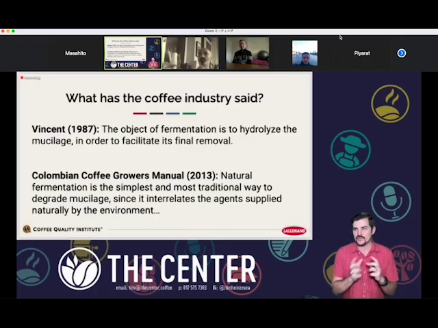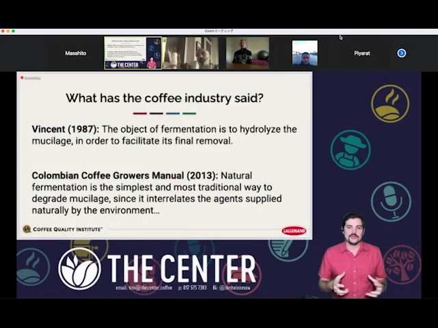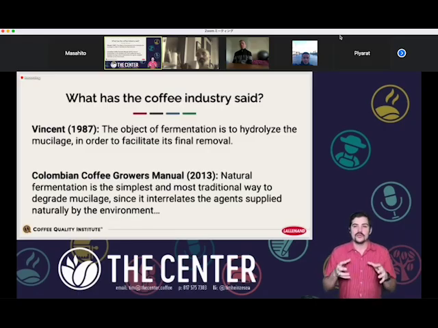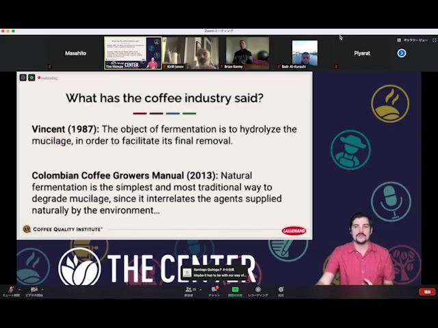That's what they're describing here, or what their point of reference is for this discussion. But we see that natural fermentation is the simplest and most traditional way to degrade mucilage, according to this Colombian Coffee Growers Manual. And again, they're really pointing to the outcome of hydrolyzing, of being able to wash free that mucilage.